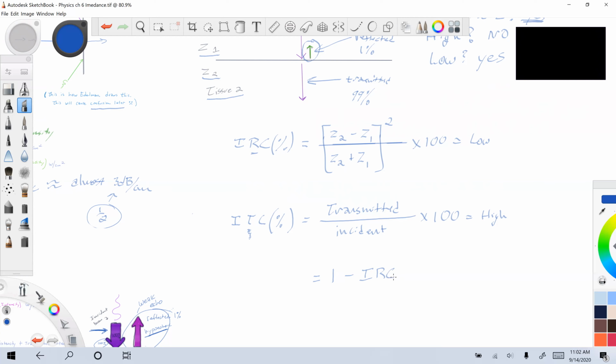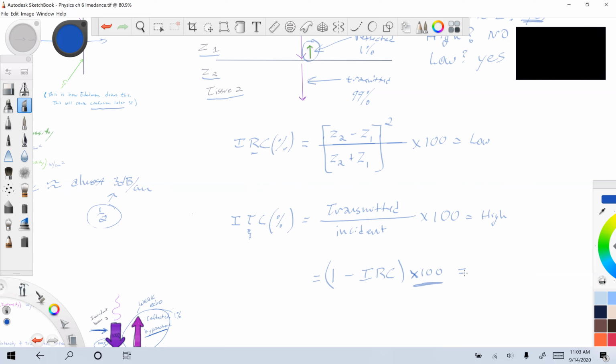That's what your book says, but it really should be 1 minus the intensity reflection coefficient, times 100, right? Because we're looking for a percentage. Your book doesn't say the times 100 part, unless I'm losing my mind. Given what we have just learned about reflection, it's really simply a value of percentage.